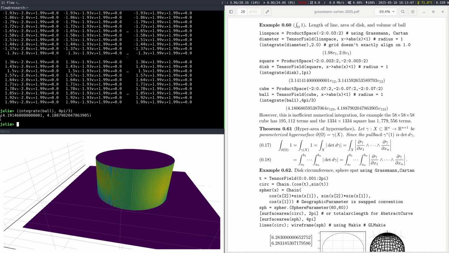So we integrate the ball and we get 4.19146, and 4 pi over 3 is 4.18. So it's a pretty nice approximation. Let's look at the volume of the ball.